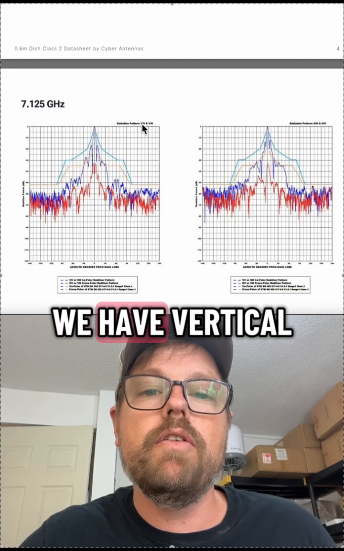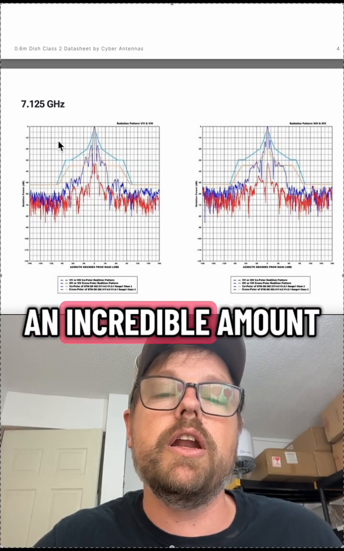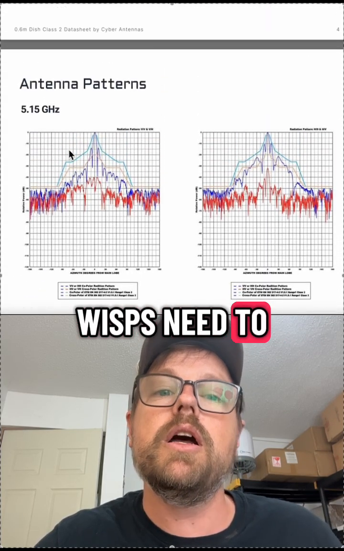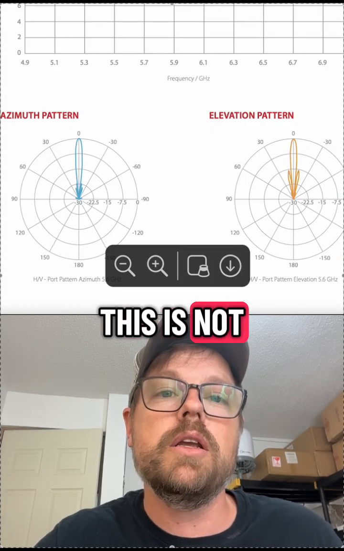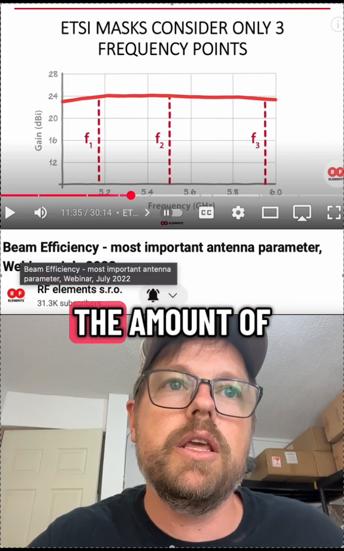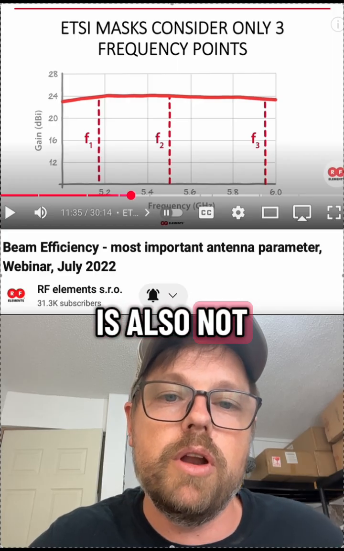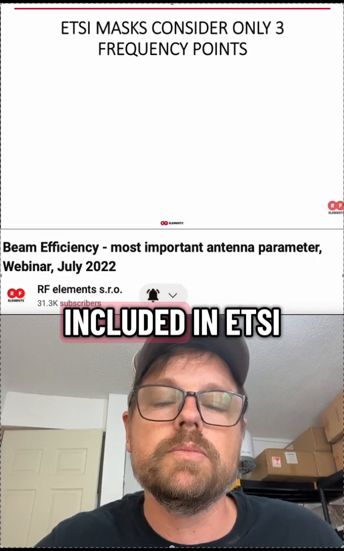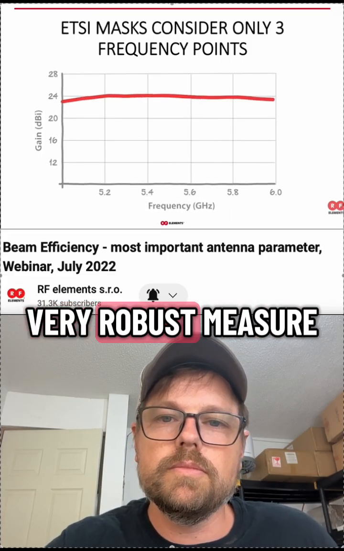We have vertical and horizontal polarizations. So you get an incredible amount of detail, and this is the detail that WISPs need to understand how to use our antennas. This is not beam efficiency, a single number representing the amount of side lobes on an antenna, which is also not a useful antenna parameter. Included in ETSI mask's definition. So again, not a very robust measure.